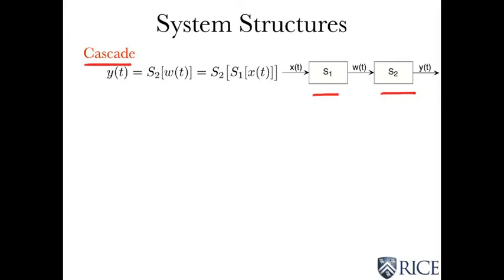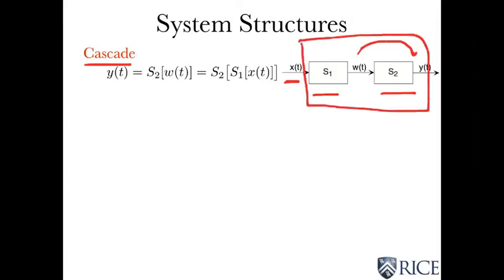It is a cascade of several systems, in fact 5 of them. So the input to the entire chain is x, goes through S1, produces w, and then w in turn produces y. So we can think about this as one system which is constructed as a cascade of 2 simpler systems.